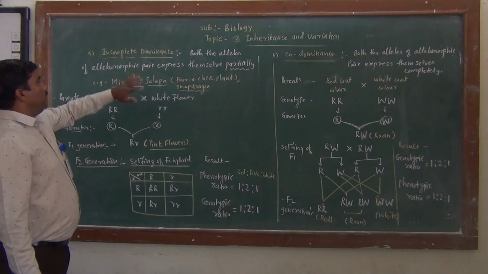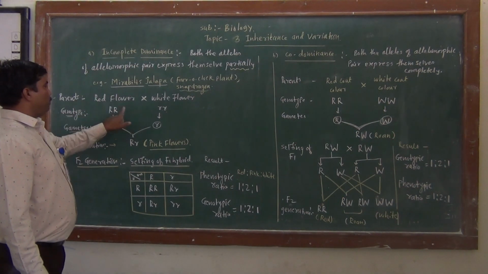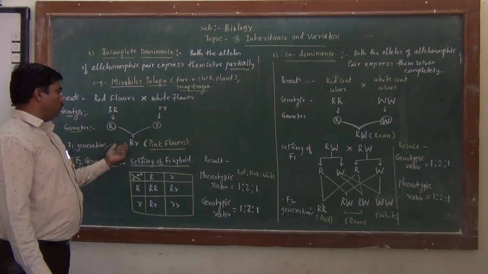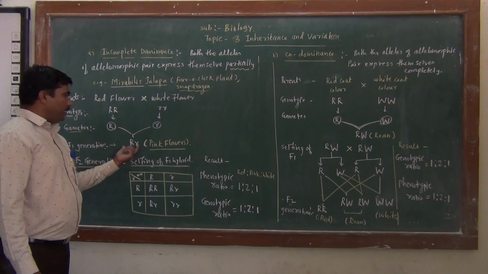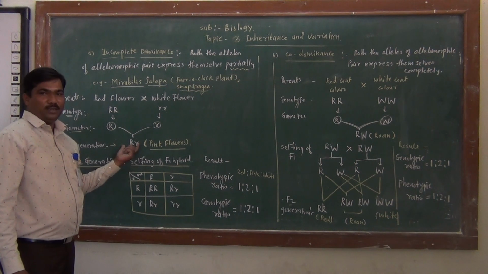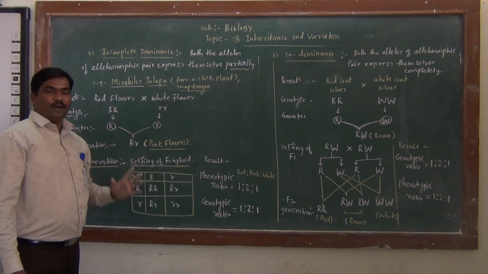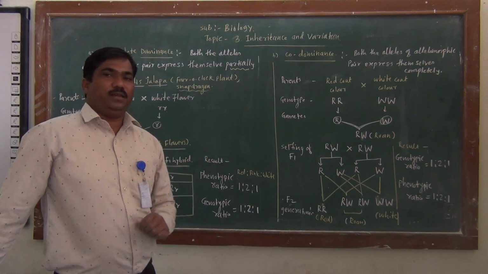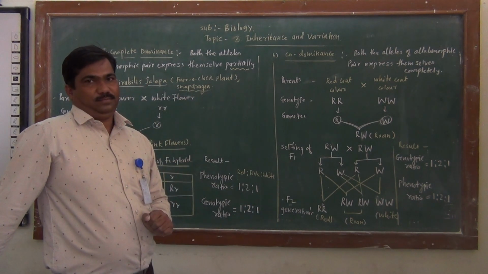So both the alleles of this allelomorphic pair express themselves partially. The red color and white color controlling genes express partially in the F1 generation.